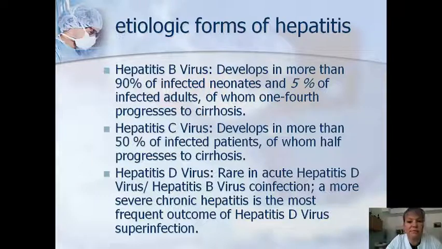Hepatitis C virus develops chronic disease in more than 50% of infected patients, of whom half progress to cirrhosis. Hepatitis D virus is rare in acute hepatitis D virus, hepatitis B virus co-infection. A more severe chronic hepatitis is the most frequent outcome of hepatitis D virus superinfection.